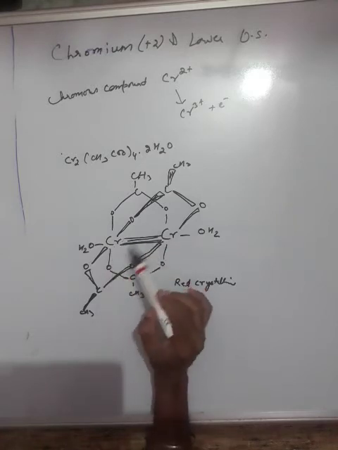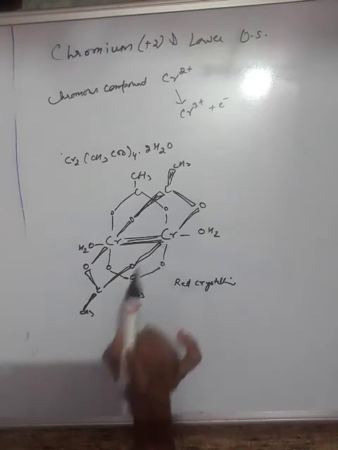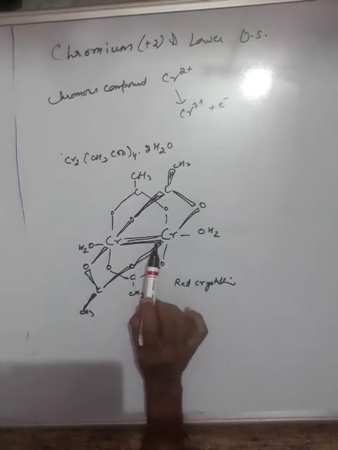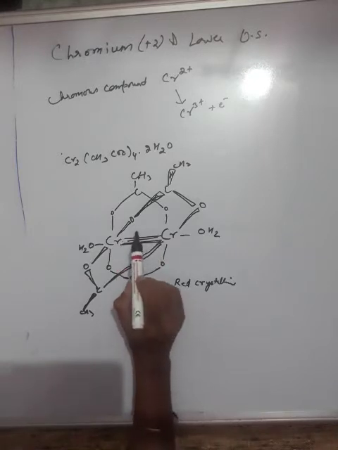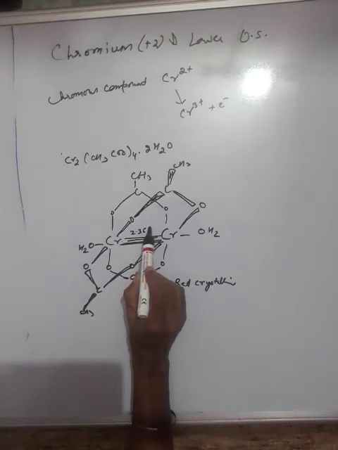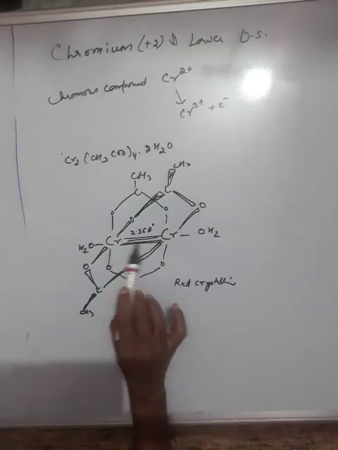These are like the bridge between the two Cr2+ ions, and the distance between the two chromium atoms is very short, just 2.36 angstrom, and that is a metal bond.